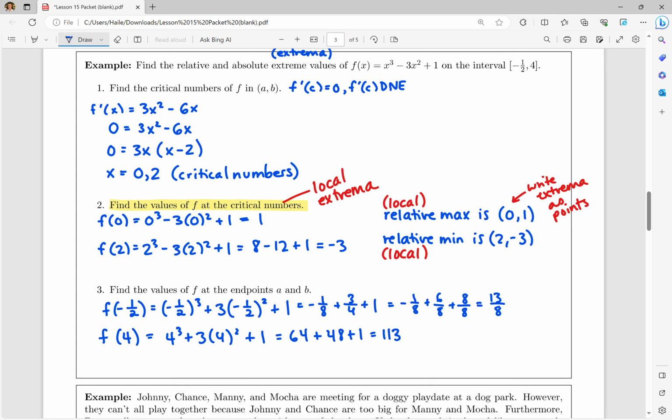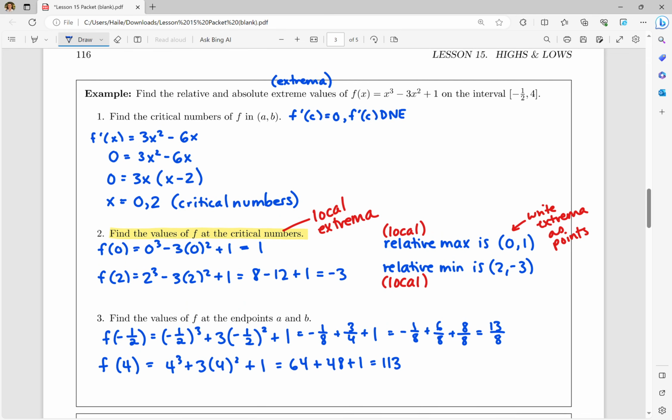Let's parse out what this is saying to us. I should also make a comment: for the local part, the interval was not considered, so we can find local maxes and mins on the entire graph. But when we go to absolute, we want to make sure we consider that interval.